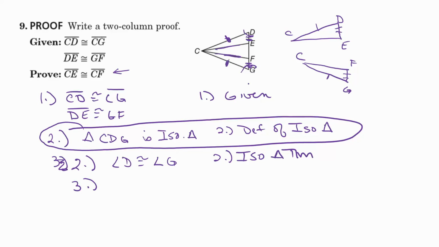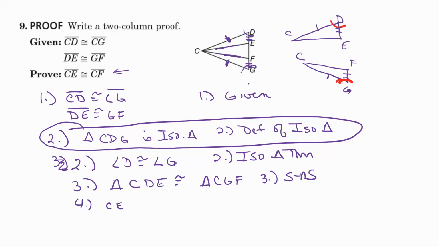So now since we have that this angle is congruent to this angle right here, we can say that triangle CDE is congruent to triangle CGF, and that's by side angle side.